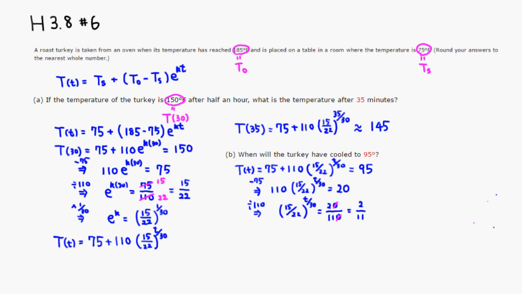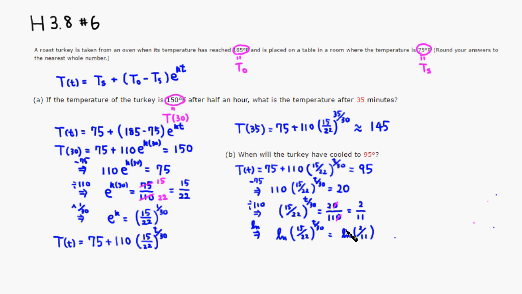The next step is to take the natural log of both sides. So we have the natural log of 15 over 22 raised to the t over 30 is equal to the natural log of 2 over 11.